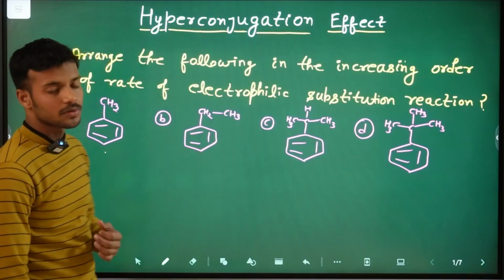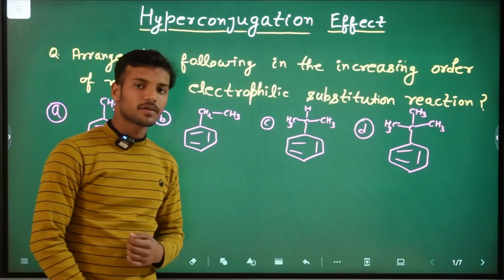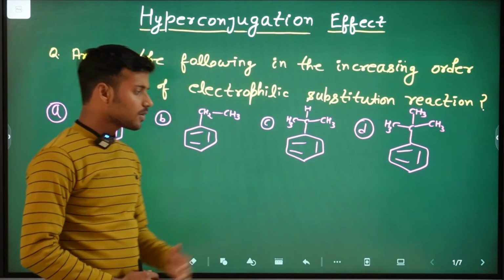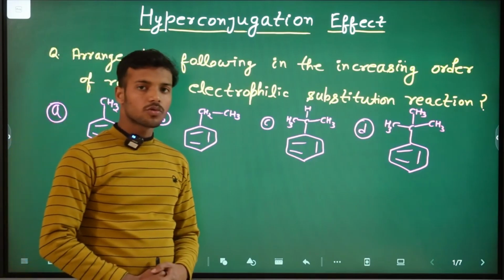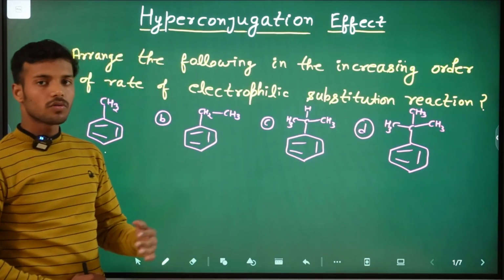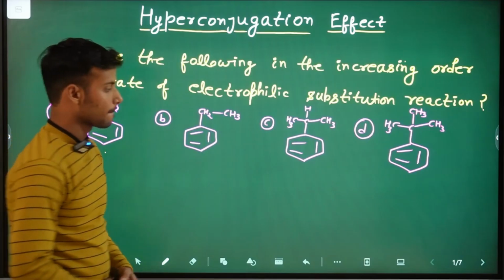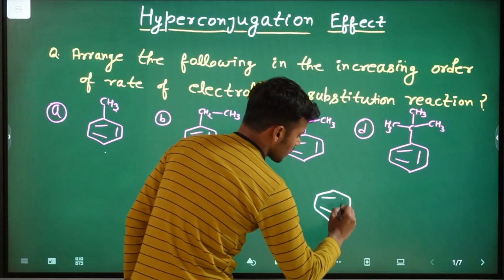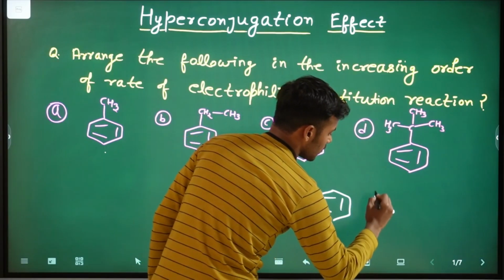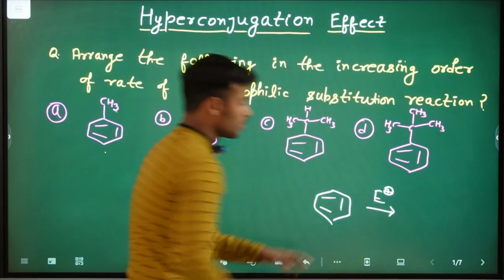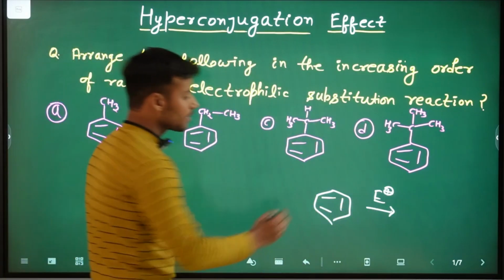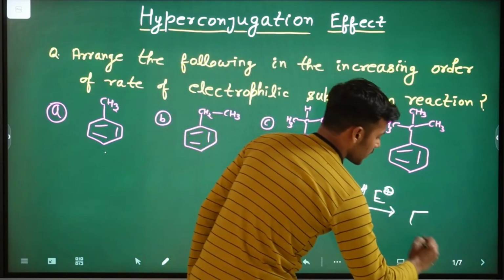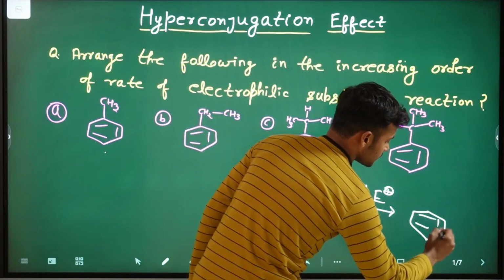What is an electrophilic substitution reaction? A chemical reaction in which an electrophile substitutes a functional group, typically a hydrogen atom, is called an electrophilic substitution reaction. We can take one example: the electrophile will attack the benzene ring and substitute one hydrogen atom and make this product.